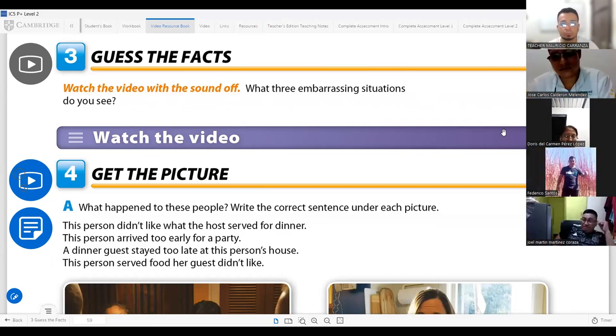Maybe in the first one, the guy arrived too late to the date. Okay, arriving late to a date. Yeah, arrived too late for a date. And the second one, I think the girl was starving. For that reason, she accepted another plate.